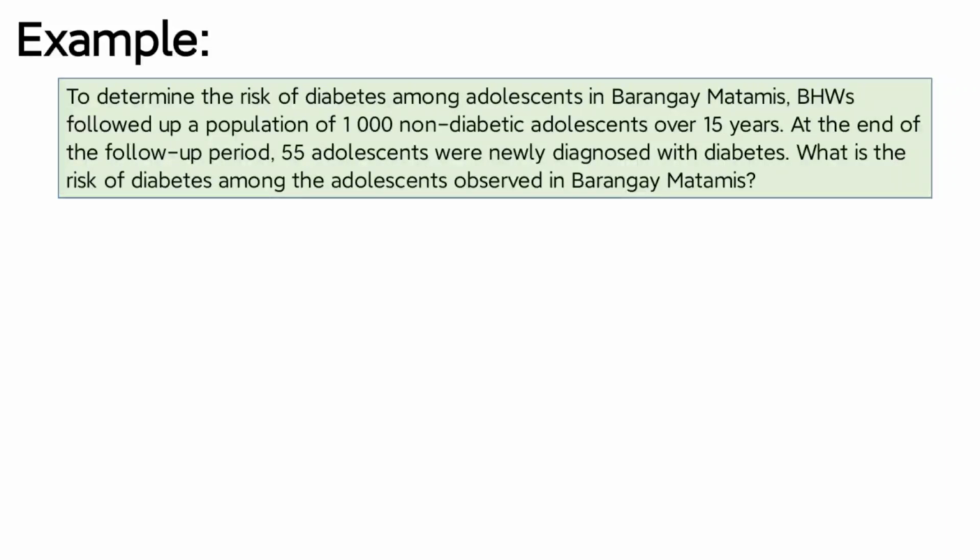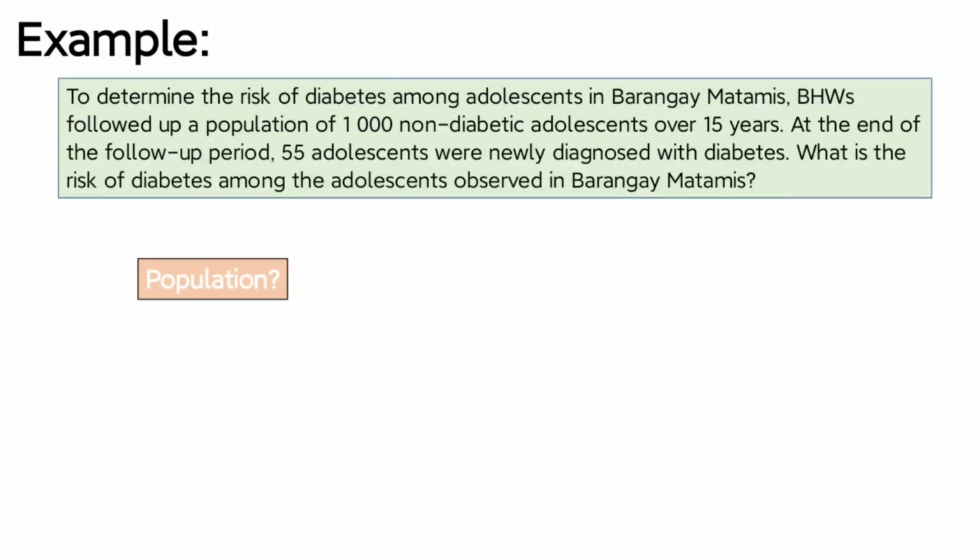At the end of the follow-up period, 55 adolescents were newly diagnosed with diabetes. What is the risk of diabetes among the adolescents observed in Barangay Matamis? Okay? So now, the first question, anong type of population? Is it fixed or is it dynamic?